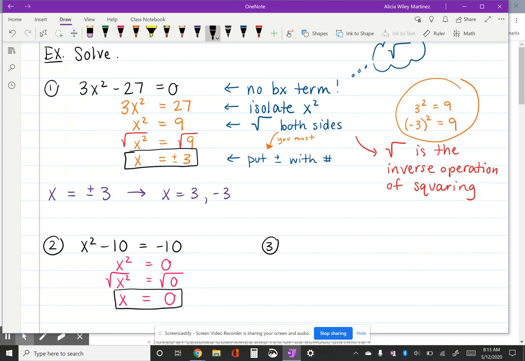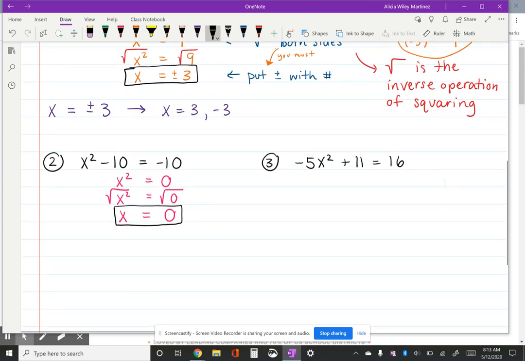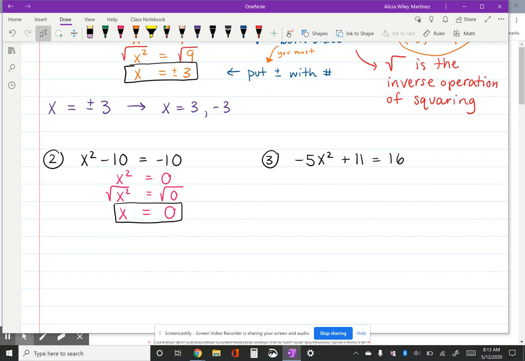So in number 3, we have -5x squared plus 11 equals 16. On this problem here, we want to go ahead and subtract 11 on both sides in order to start isolating the x squared, and then dividing both sides by -5 will give me x squared equals -1.